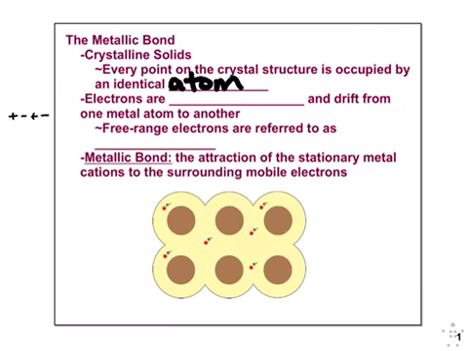Different things with the metallic bonds is that the electrons, specifically the valence electrons, are mobile. That means they move and they're not in a fixed location around a nucleus. They have the ability to drift from one atom to another, and we call these free range electrons, and we call them delocalized, meaning that they do not have a specific home anymore.